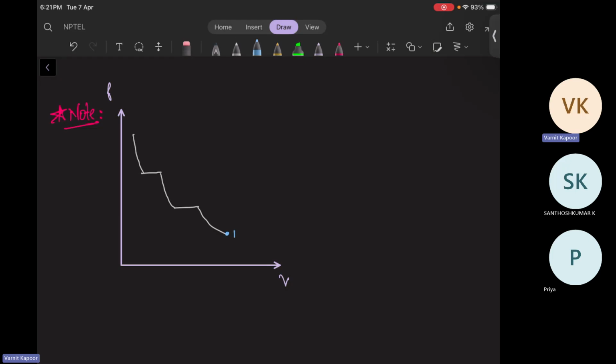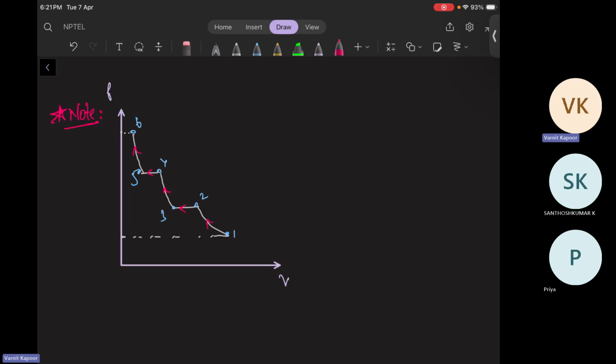Then 1, 2, 3, 4, 5, 6, let us say. And let us say these are your limits, P1, P2, P3, P4, P5, P6.